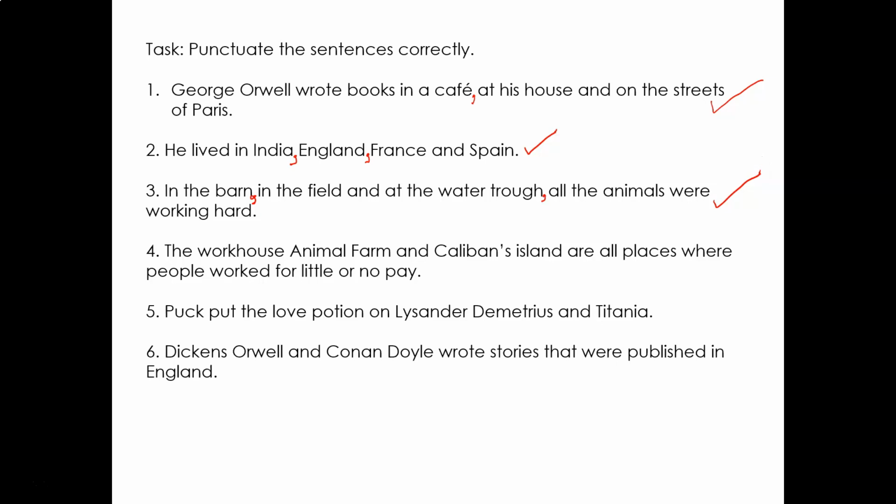Okay, the workhouse, Animal Farm and Caliban's Island were all places where people worked for little or no pay. Can you see here the list is at the start, so we need a comma after workhouse. Okay, and that's correct.